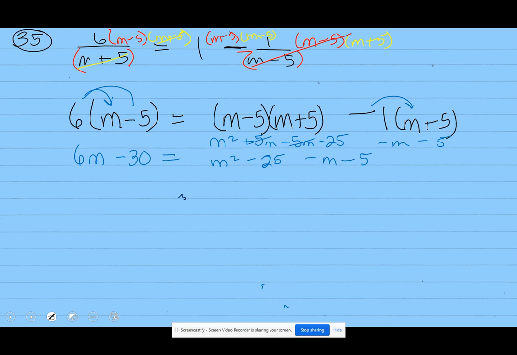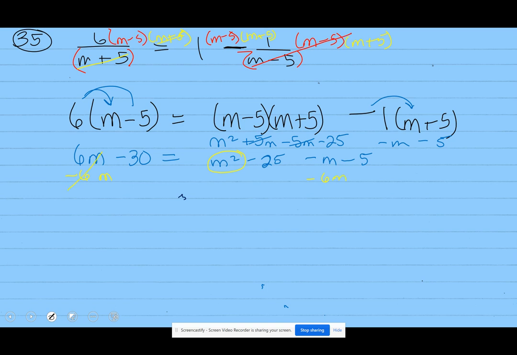Okay, now this is an m squared. Remember, m squareds we have to set equal to 0, factor, and solve. If you have an m squared problem, you have to set it equal to 0, factor, and solve. So now we're going to make it equal 0. So I'm going to subtract the 6m on both sides.